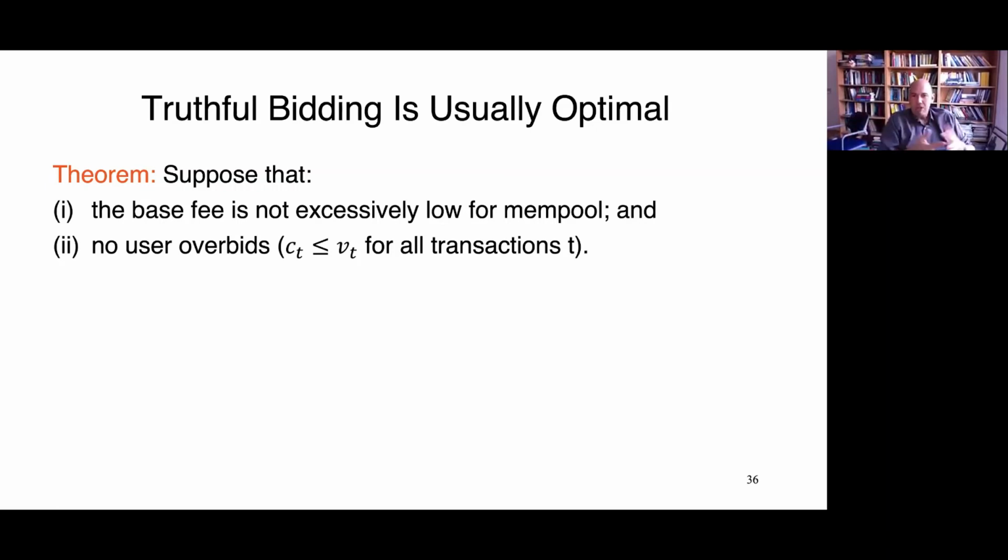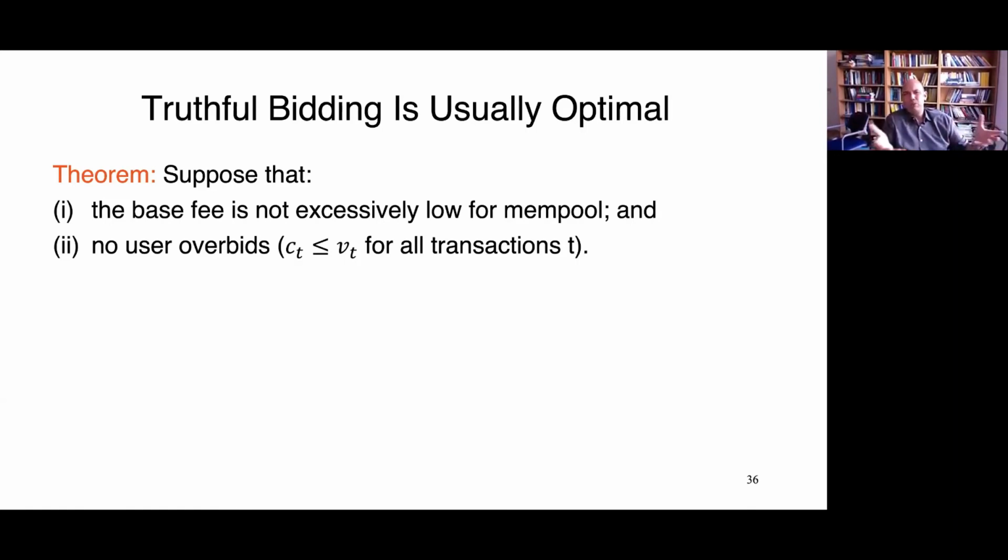You might think that would be the only thing that can go wrong. The other annoying thing that can go wrong is if users overbid for whatever reason. It would be a dominated strategy to do this, but in principle, users could set fee caps that are strictly higher than their valuations. And then in effect, even if your base fee is appropriate for the underlying demand curve, it acts as if it's too low with respect to the reported bids that are on chain.